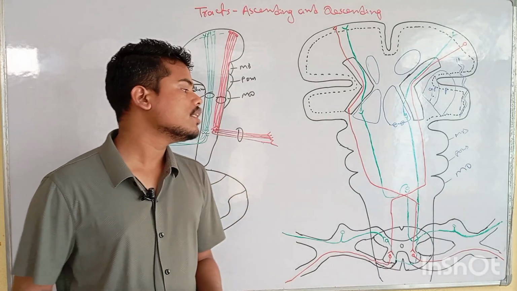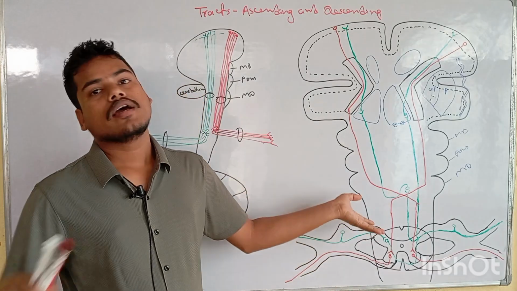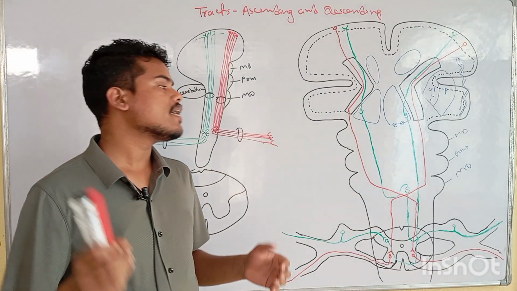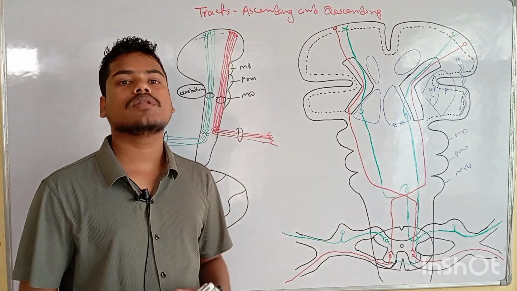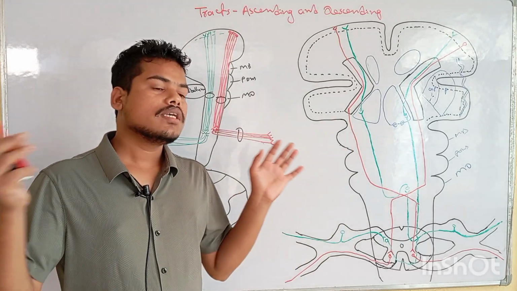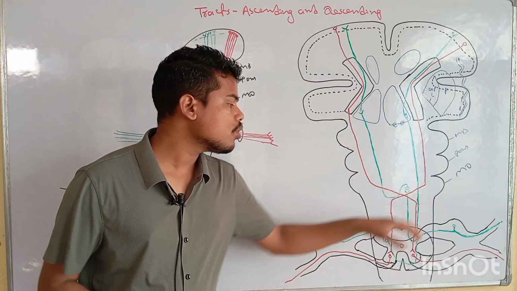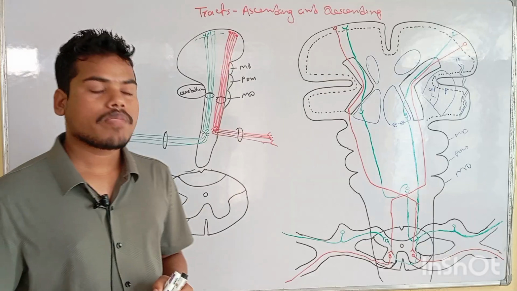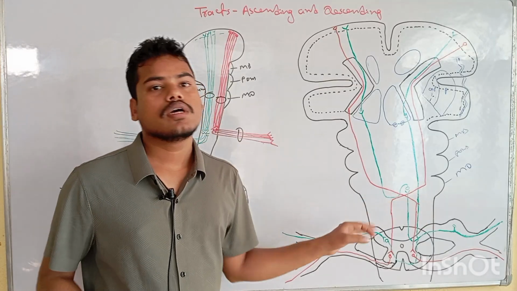The signs, symptoms and clinical findings will differ according to the site of the lesion, type of the lesion, and involvement of the lesion. In the clinical setup, you as a doctor have to diagnose the case.